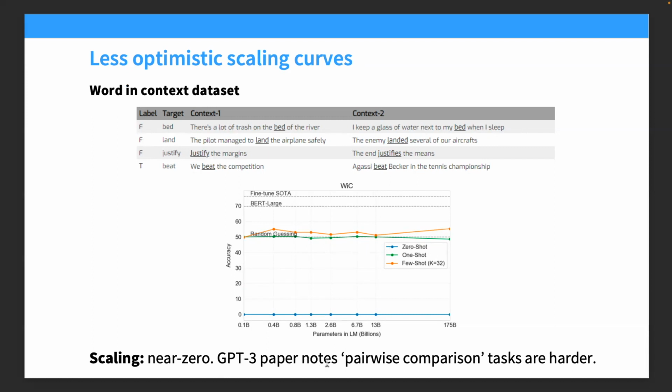GPT-3 finds that a task like this pairwise comparison is much harder than just a single-context prediction, and thus the performance improvement is very small. It almost stays as a flat line. So yeah, it's really hard. Even if the scaling law holds, it means increasing the model size won't help. You need to build better models. Basically, you need to find better solutions, and scaling up won't help for this task.